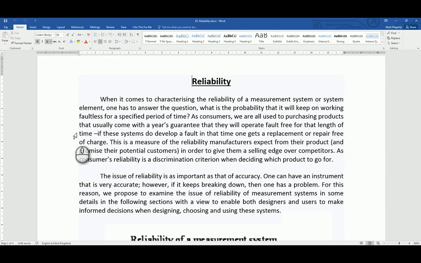So we're all used to purchasing products that usually come with a year's guarantee, for instance, to operate fault-free for the length of time. And obviously if we develop a fault within that particular system, we would expect then a replacement or repair free of charge. And this basically is the strength of the reliability that the manufacturer has within their product.